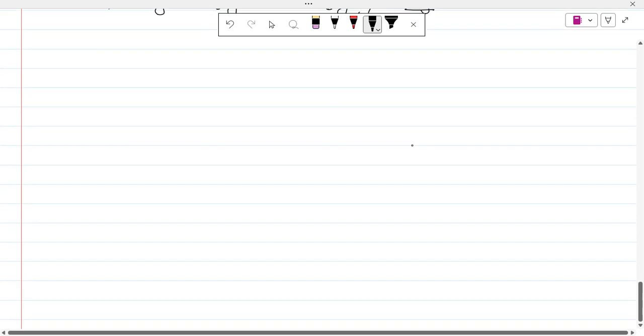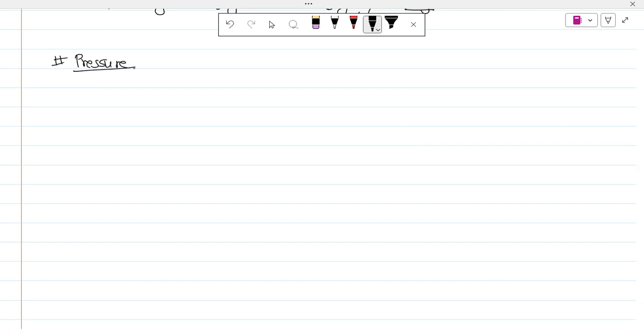Now we will talk about pressure. What is pressure? Pressure is defined as the average force per unit area. This is average force.